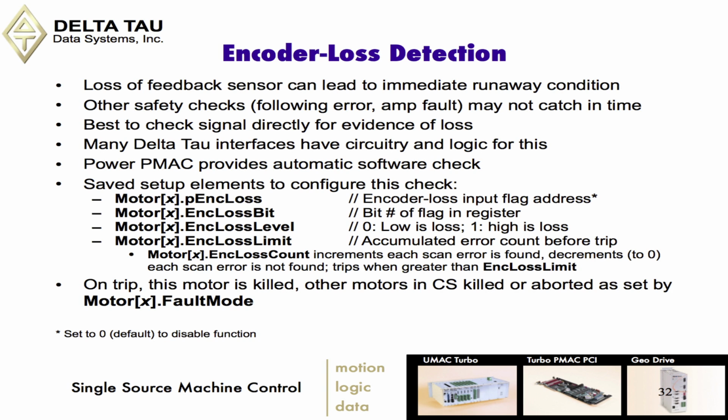So it basically is so that if you have some intermittent thing going on that comes back and it's recoverable, there may not be the need to immediately kill the motor on what appeared to be a loss. And then, of course, motor sub X dot fault mode determines what happens to other motors in the coordinate system along with this motor being killed.